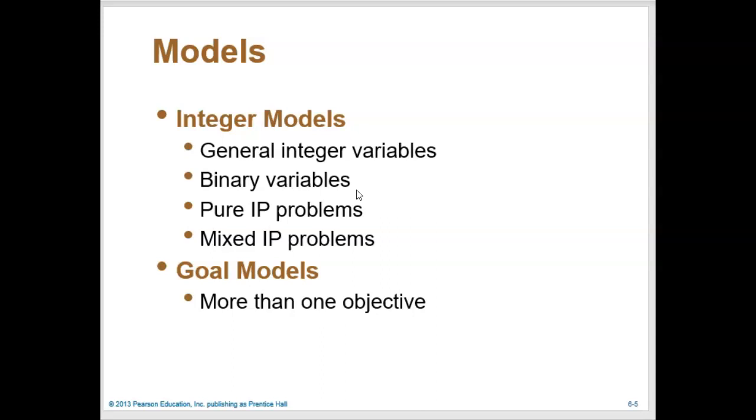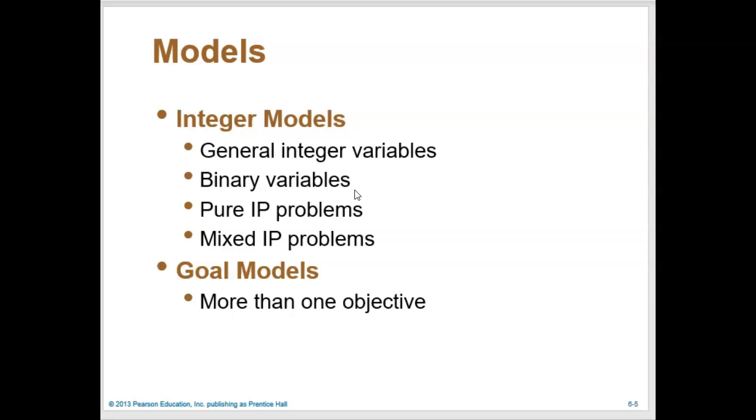Just like the name suggests, you're restricting your variables to take only two values, either 0 or 1. So your solution will always be 0, 1 values and no other value. And this is specifically useful for cases when you need a yes, no answer.